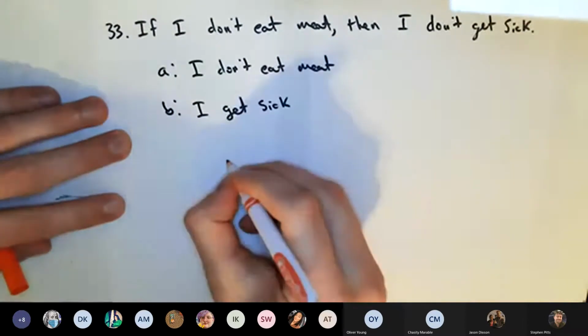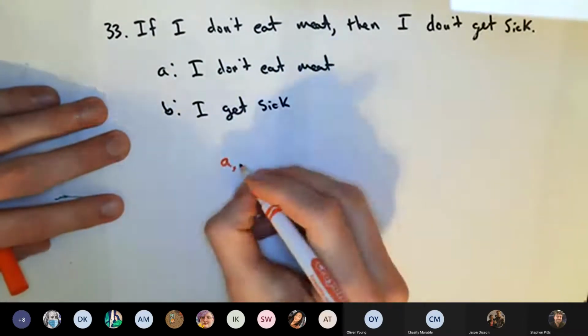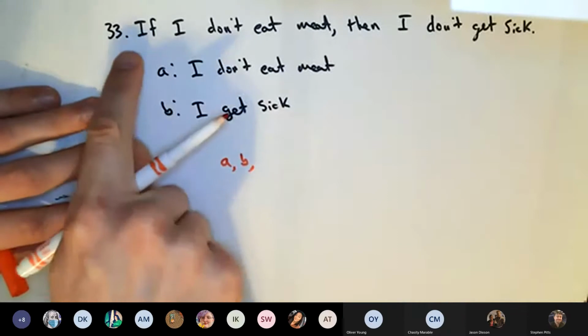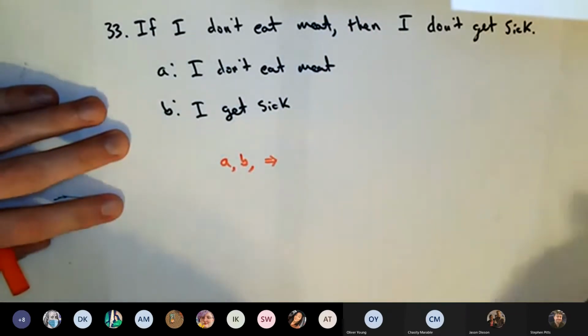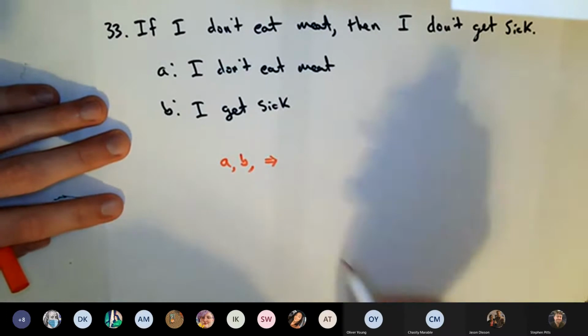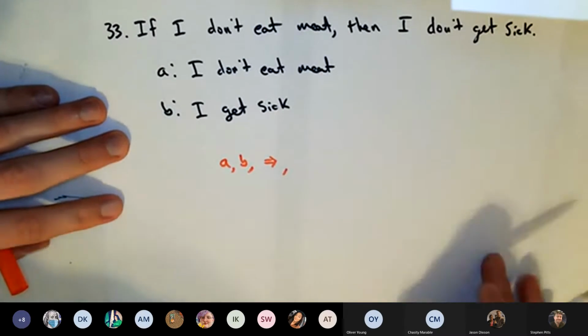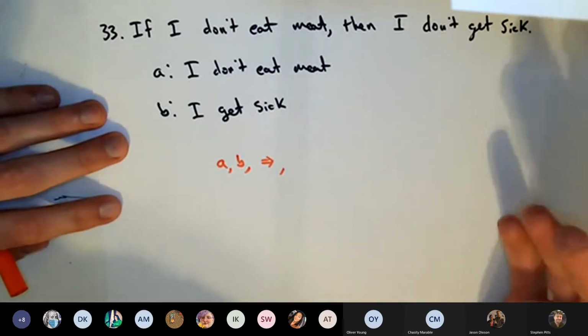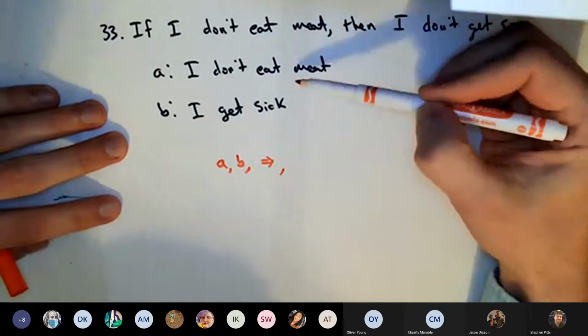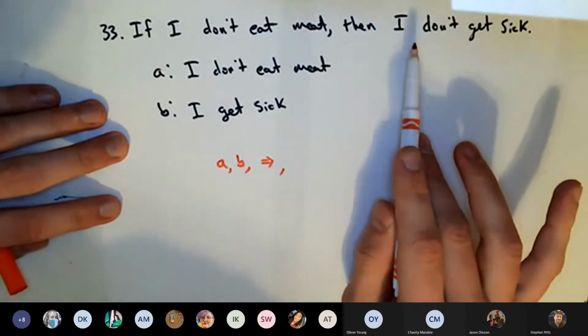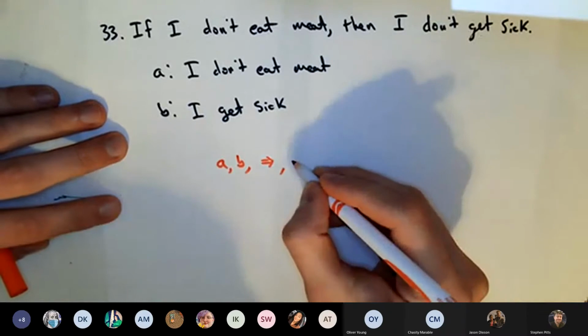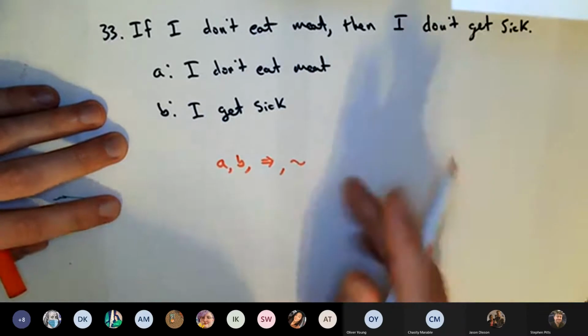Something else to note is that this is an if-then statement, so we're going to need that little implies symbol. And are we going to need a negation at all? We don't need it for A, but B is I get sick, and back here this statement says I don't get sick. So we are going to need a negation specifically for the B at the end.